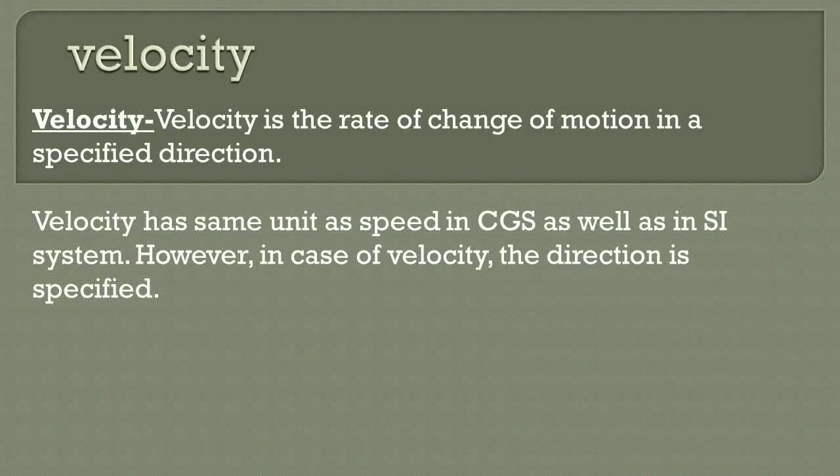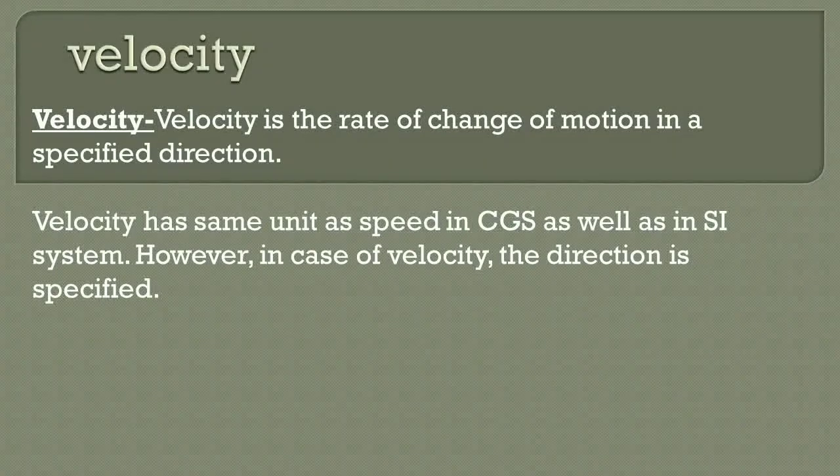But when I say the car is moving with the speed of 30 km per hour in the direction of east, that means here velocity is given. So this is the main difference between speed and velocity: in speed, direction is not needed, but in velocity, along with the numerical value, direction is also needed.